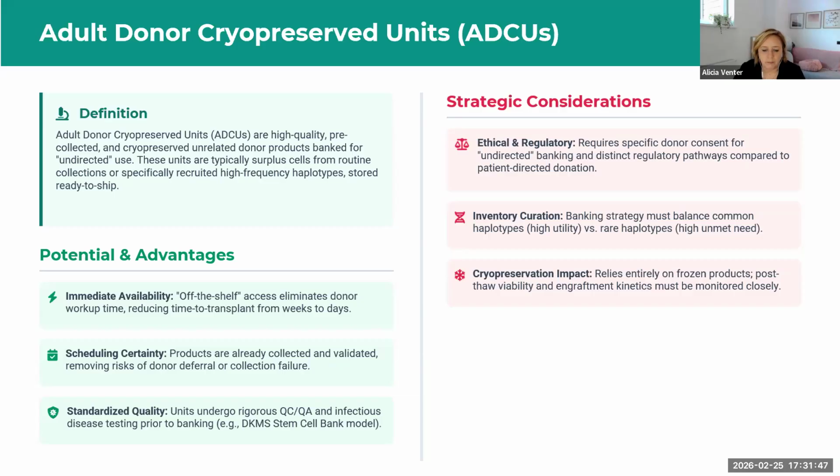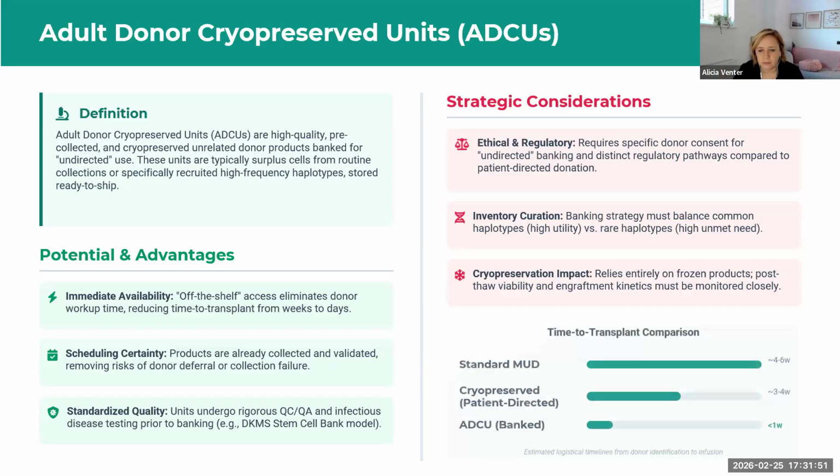So there is still the post-thaw dynamic that you have to keep in mind. But the main benefit of this product is definitely the fact that it is off the shelf. And you can see that the time to transplant for a banked ADCU is superior to almost any other product that I've mentioned before.